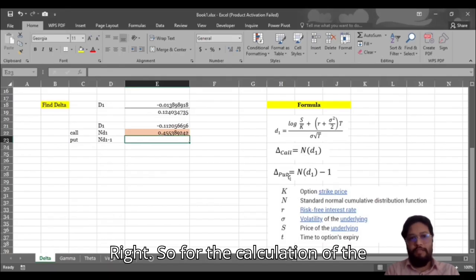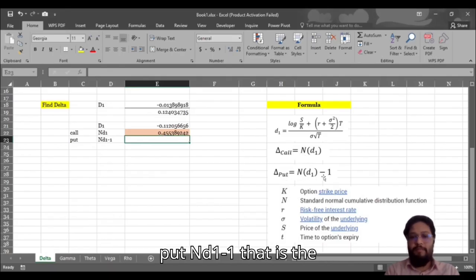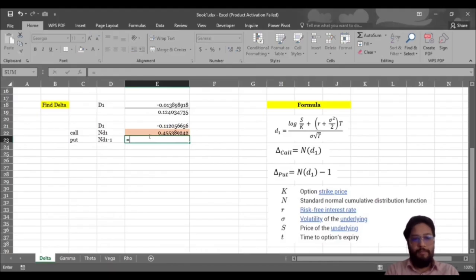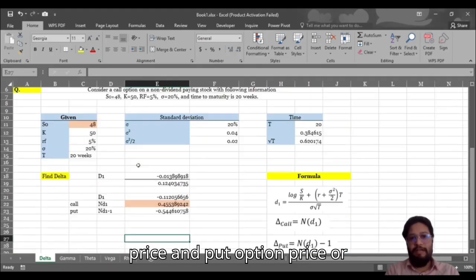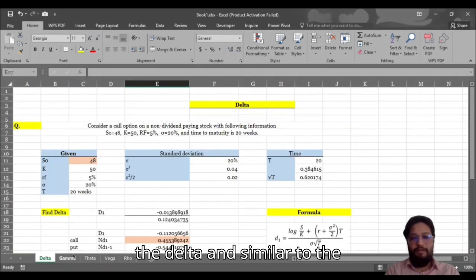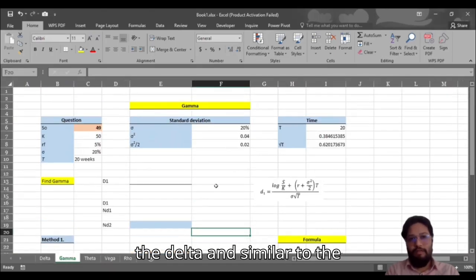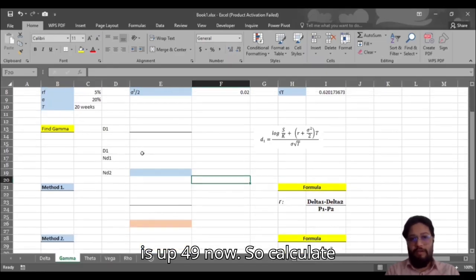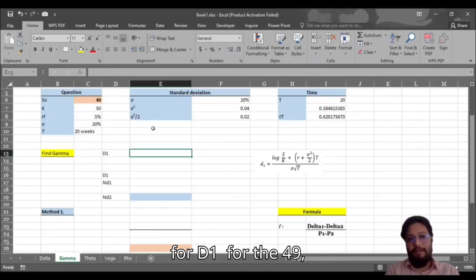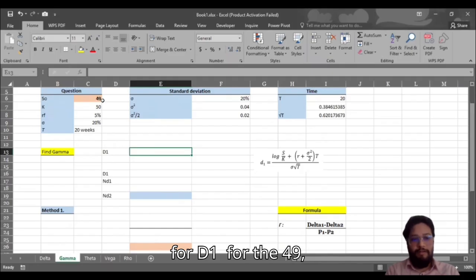So for the calculation of the output, N(D1) minus 1 is the formula. So that is the call option delta and the put option delta. And similarly for the gamma calculation, the spot price is 49 now. So we calculate D1 for 49, right?